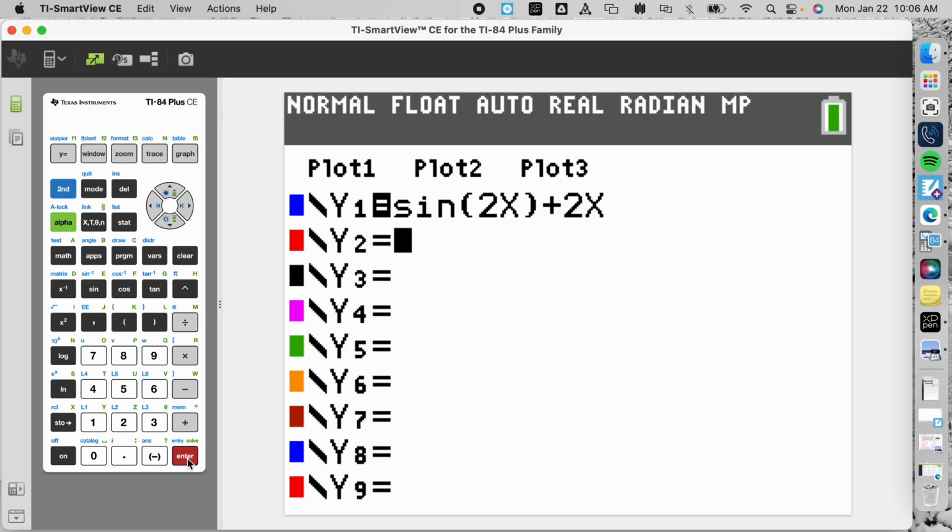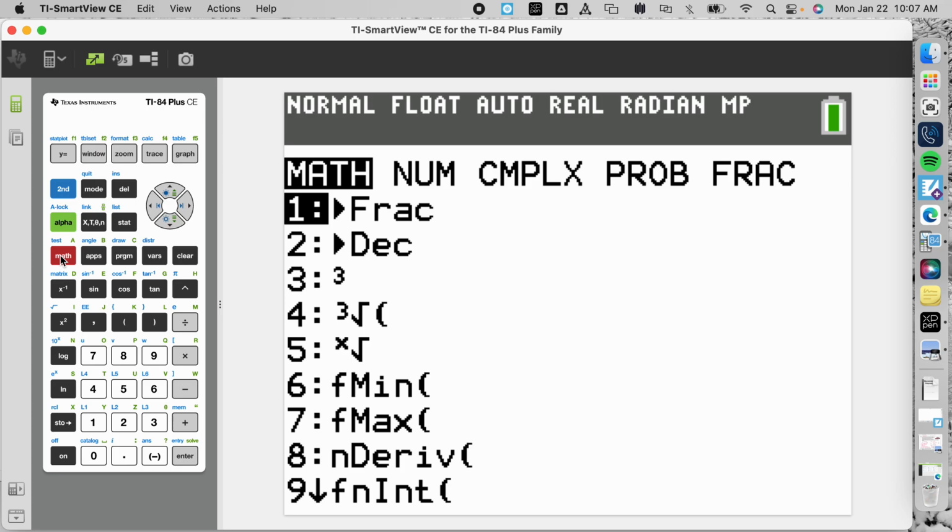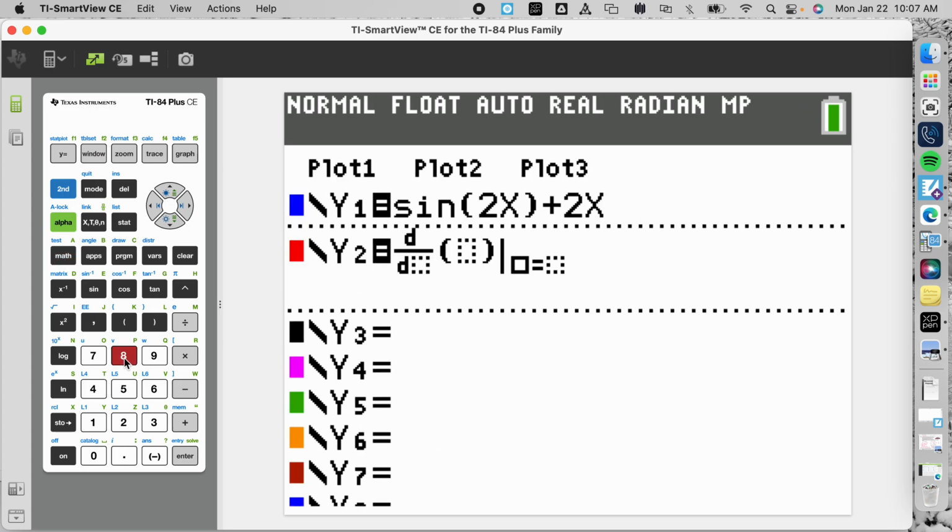I can either find the derivative myself or tell the calculator to find the derivative. Both are correct. Do you remember how to tell the calculator to find the derivative? Nope. Yes. Okay. If you do not, it is under math. Actually, there's multiple places, but nDeriv, number 8, is the derivative, which technically means only at a single number, but we just tell it to do it for every number.